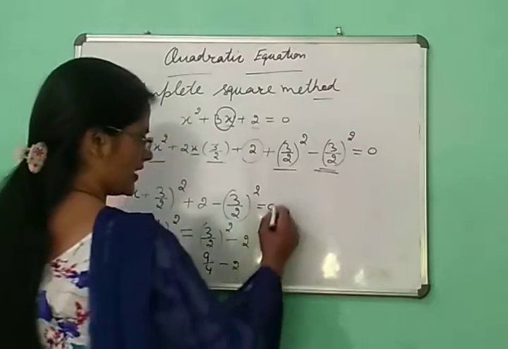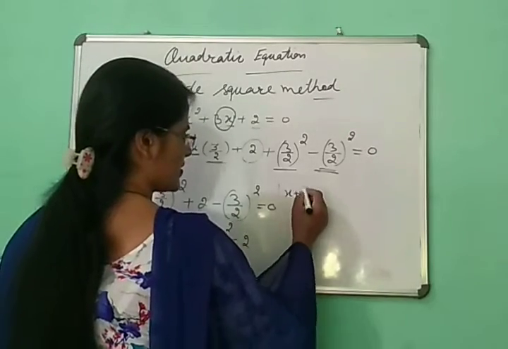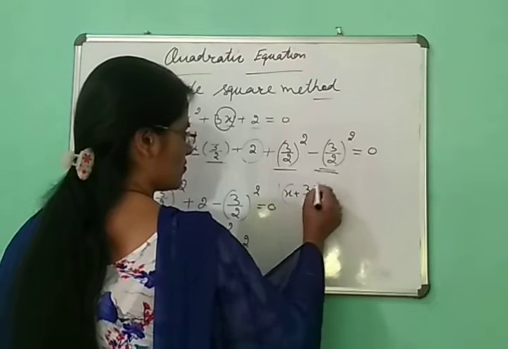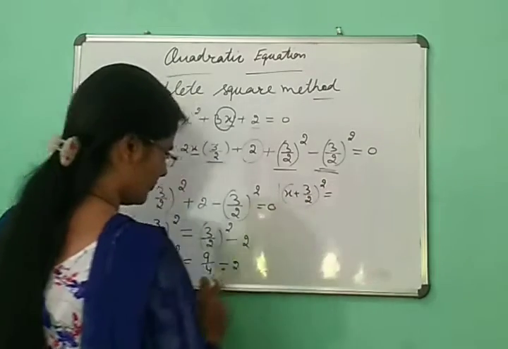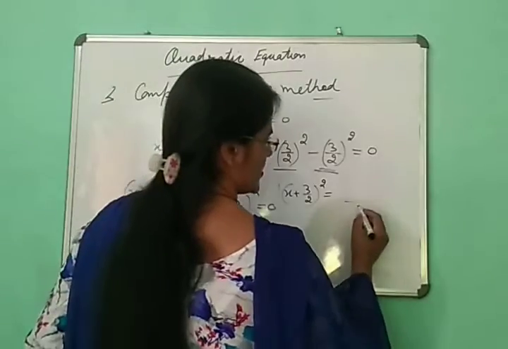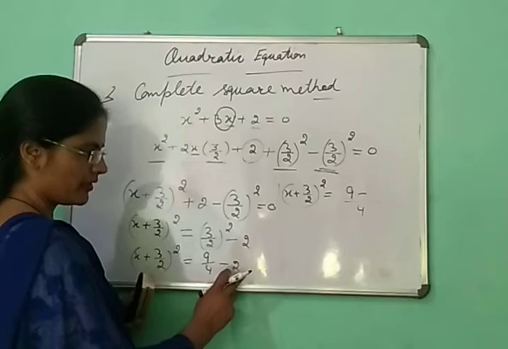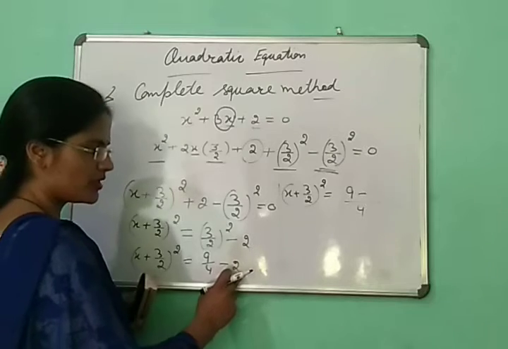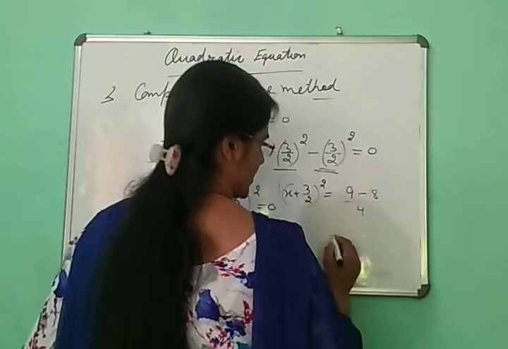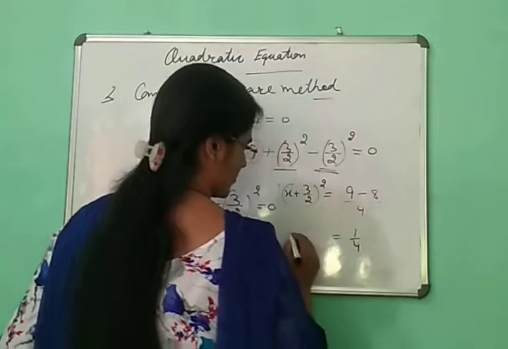Now when we take LCM, x plus 3 by 2 whole square is equal to, our LCM is 4, 9 minus, multiplying 2 by 4, 4 2s are 8. 9 minus 8 is 1 by 4.